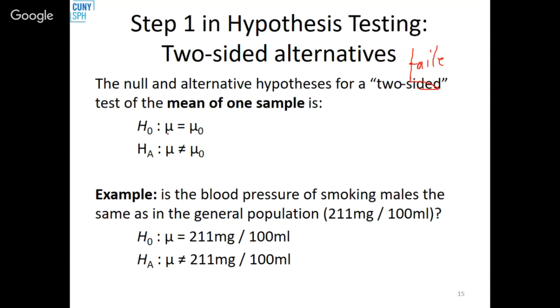Second key point is that this is an equality. The null hypothesis is that this mean of the population that we are studying is identical to the mean of this population of the null hypothesis.